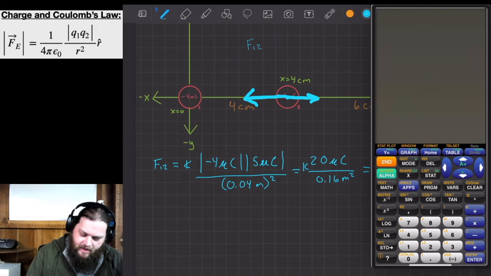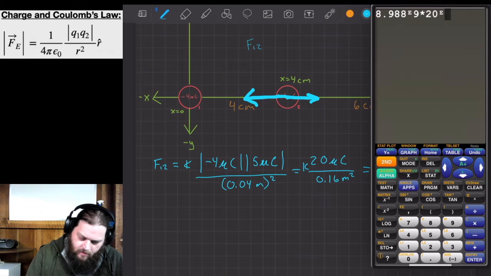So I said K is equal to 8.988 times 10 to the 9th power. And we're going to multiply that times 20 times 10 to the -6, because that's going to be microcoulombs.